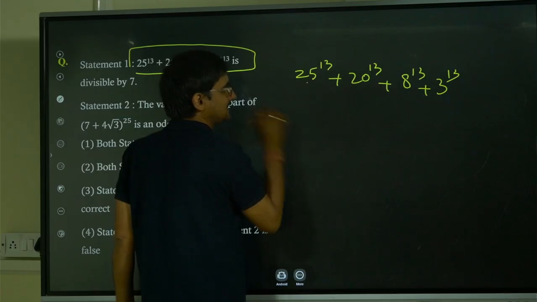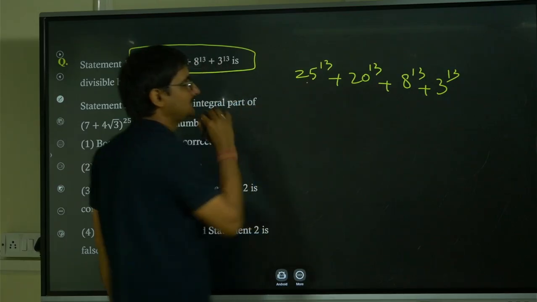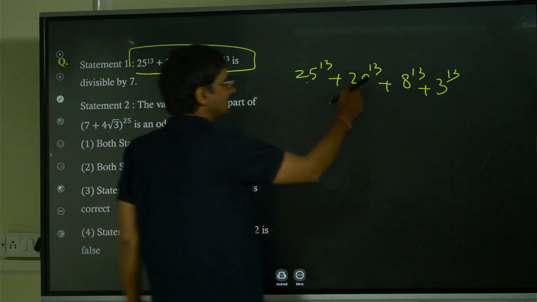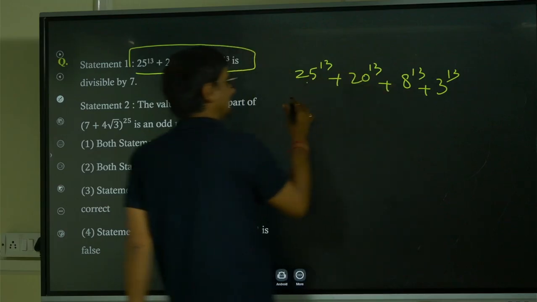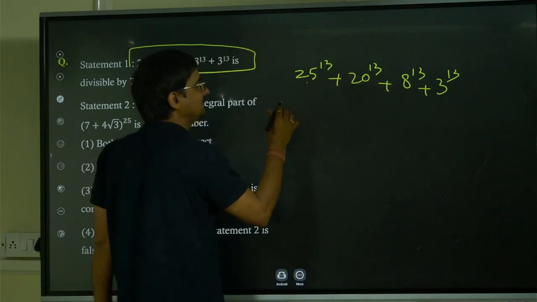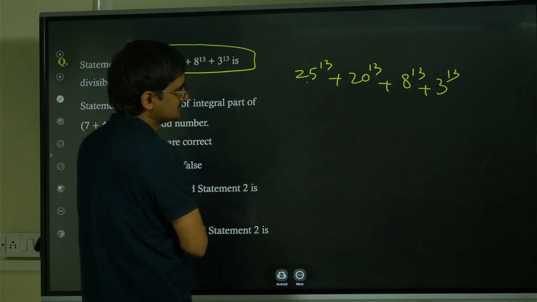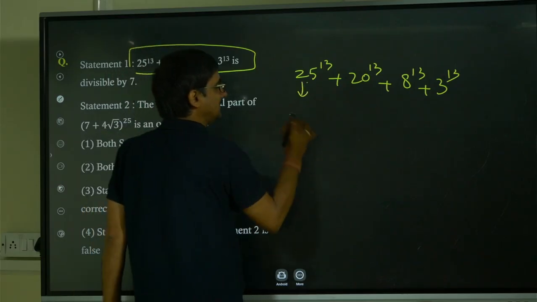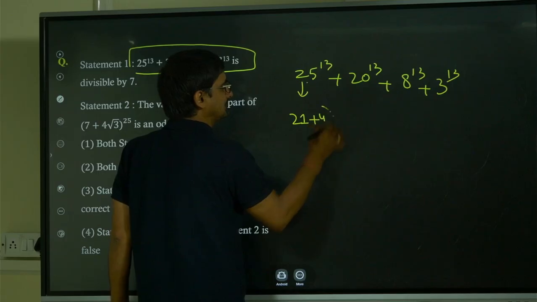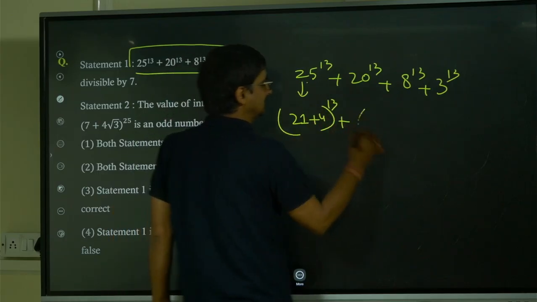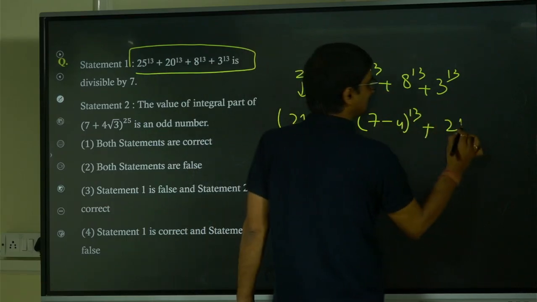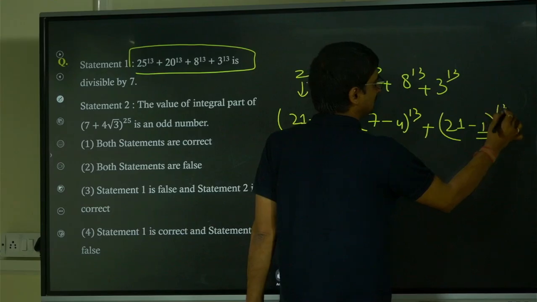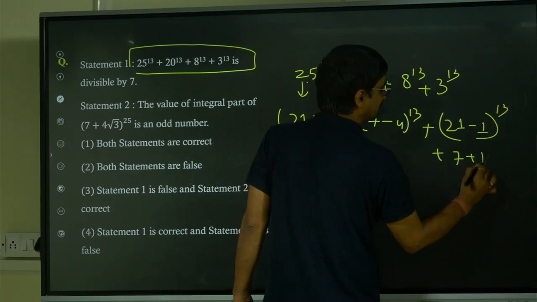I will write 25 as 21 plus 4 raised to the power 13, 3 as 7 minus 4 raised to the power 13, 20 as 21 minus 1 raised to the power 13, and 8 as 7 plus 1 raised to the power 13.